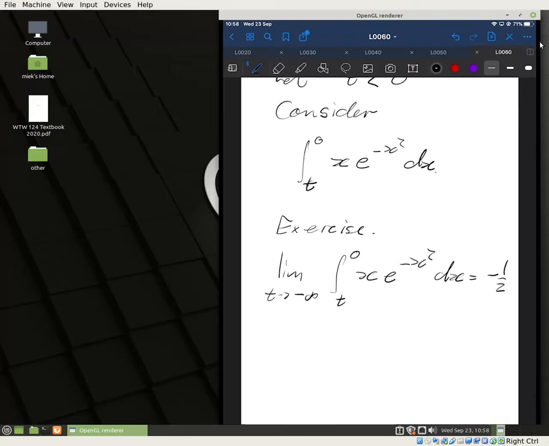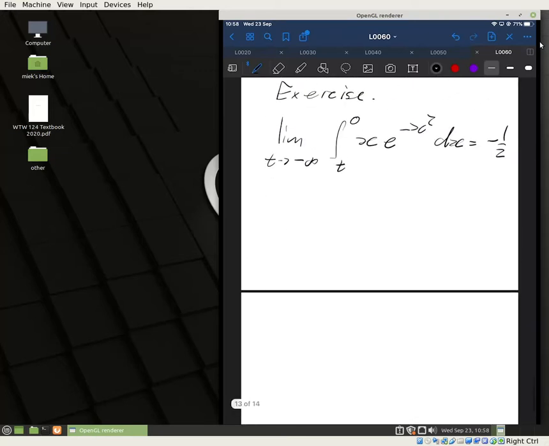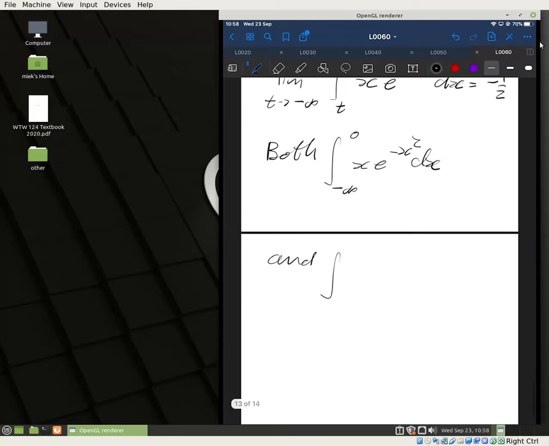So both of these integrals converge. So both the integral from minus infinity to 0 of x e to the minus x squared dx and the integral from 0 to infinity of x e to the minus x squared dx converge.